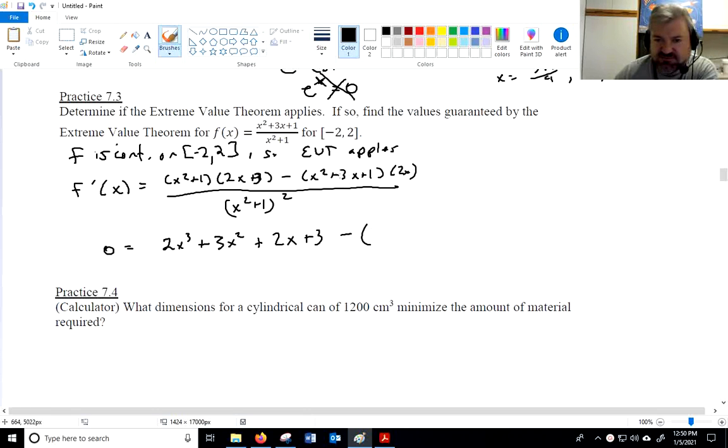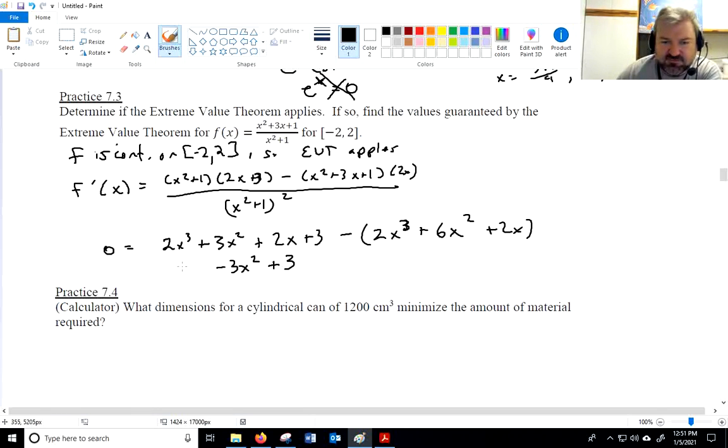We're going to get 2x times x squared is a 2x cubed, and then plus 6x squared, and then plus 2x. So 2x cubed minus 2x cubed is gone. 3x squared minus 6x squared will be a negative 3x squared. 2x minus 2x is gone. And 3 plus 3, so just plus 3.